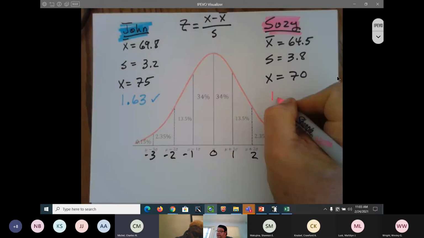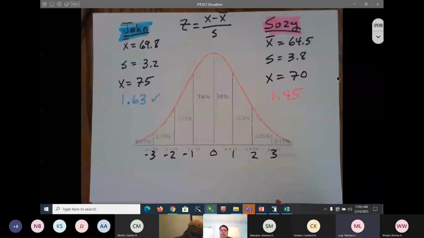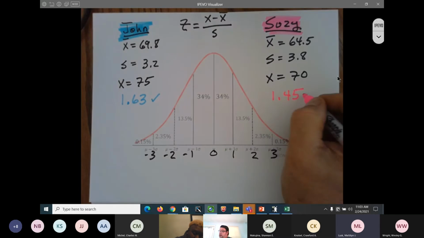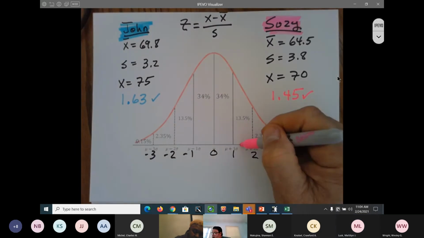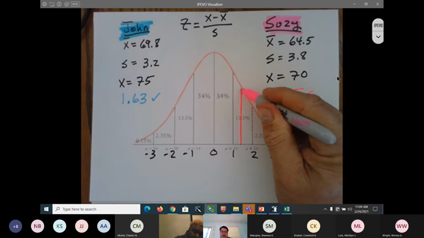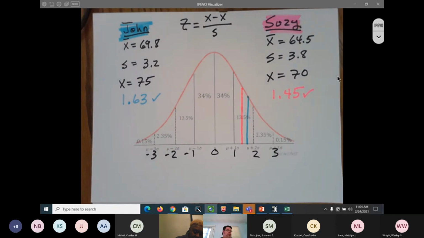Can somebody confirm that? Confirmed. Thank you. So 1.45 is right here. 1.63 is right here. So who is relatively taller? Who's closer to the outliers? That would be John. John is relatively taller.